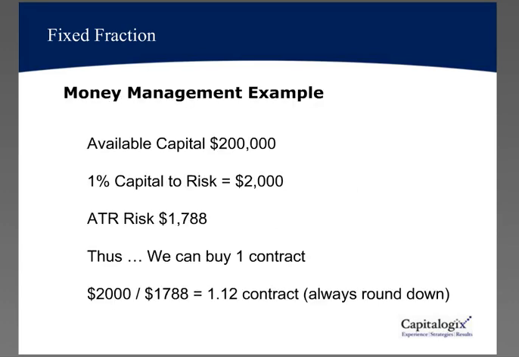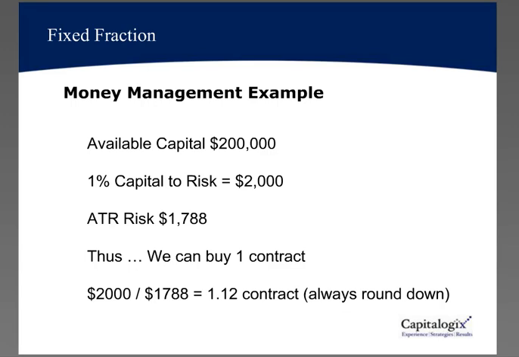We then go back to the capital risk, which is 200,000 with a 1% capital risk, which is $2,000. Our ATR risk is 1,788. Thus, we can buy one contract, because you're taking the 2,000 divided by 1,788. That really would mean 1.12 contracts.